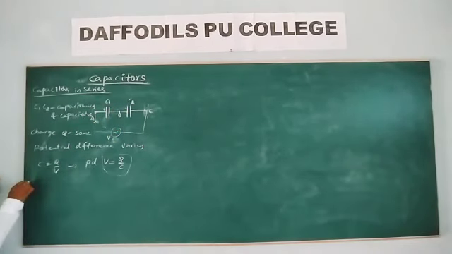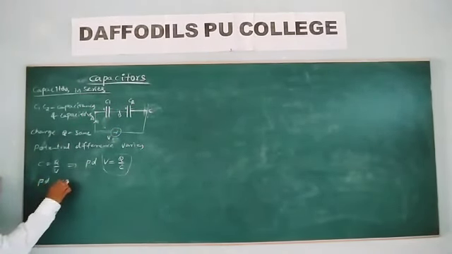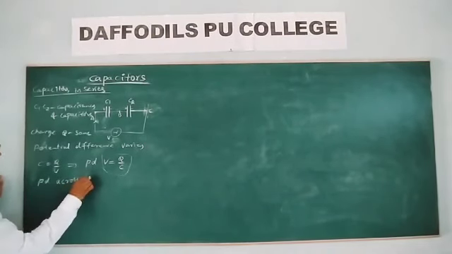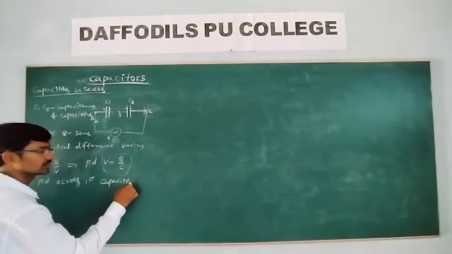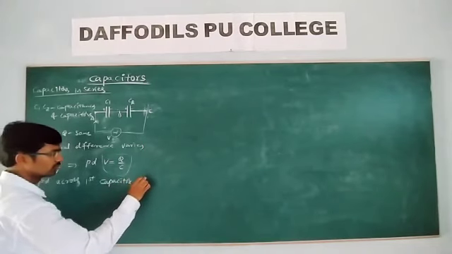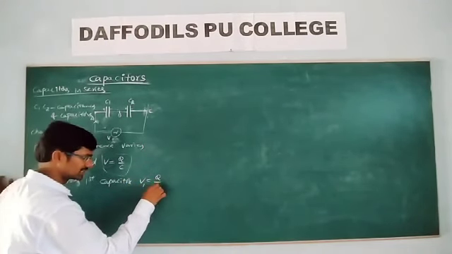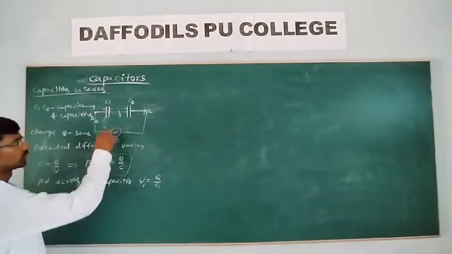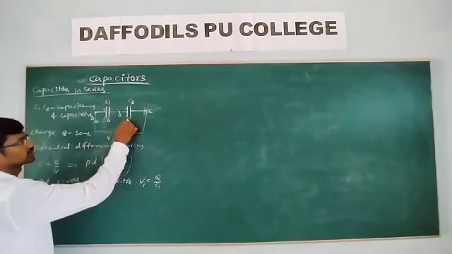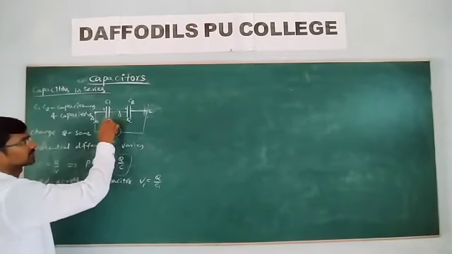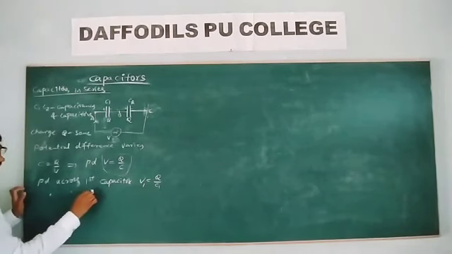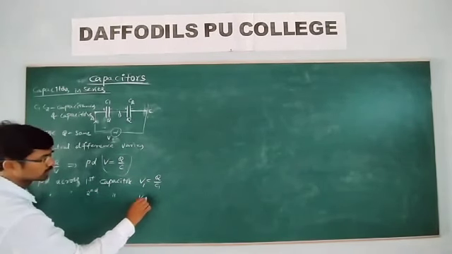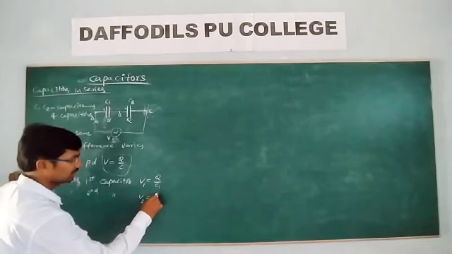Therefore the potential difference across the first capacitor V1 is equal to Q by C1, because the charge is Q only. Here also the charge is Q; the charge remains the same. Similarly, the potential difference across the second capacitor V2 is equal to Q by C2.